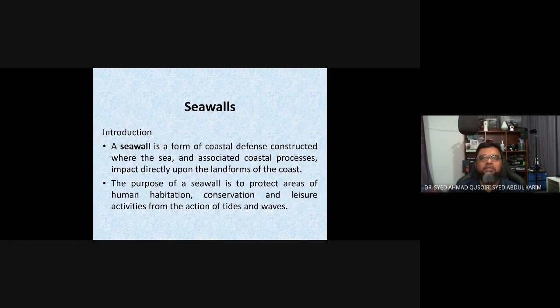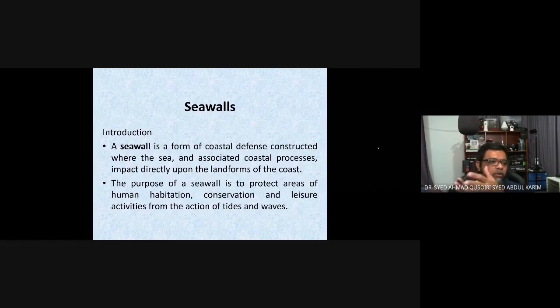It's a form of coastal defense constructed where the sea and associated coastal processes impact directly upon the landform of the coast. So this is where the sea, which is nearby, let's say where people are living, they are very close. So any extreme weather will trigger the sea to negatively impact the population.